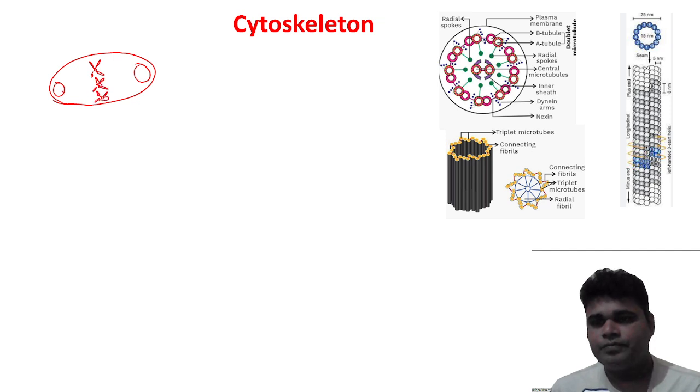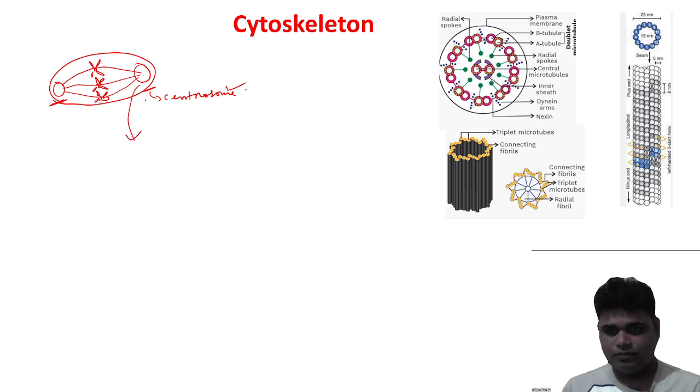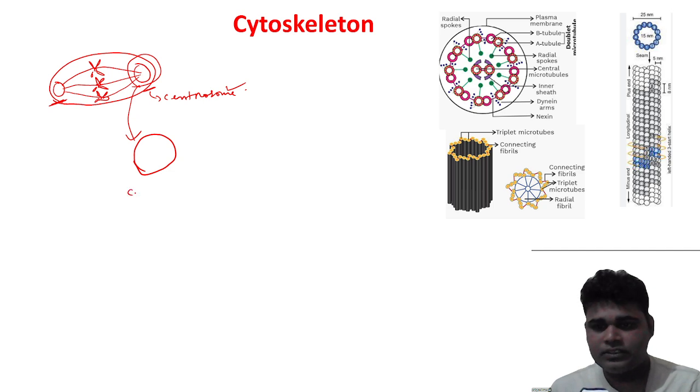Now the spindle fibers are formed here. This structure is called the centrosome. So what is the centriole, what is the centrosome? If we see the structure, the centrosome looks like this. So this is the centrosome.